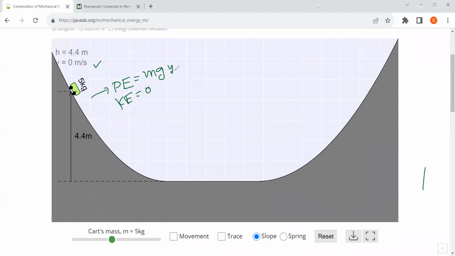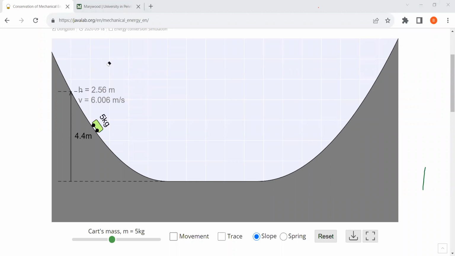Now if you let it go, you will see that the height decreases, which means the potential energy decreases, and the decrease of height is changed to some value of the velocity. So let's see.